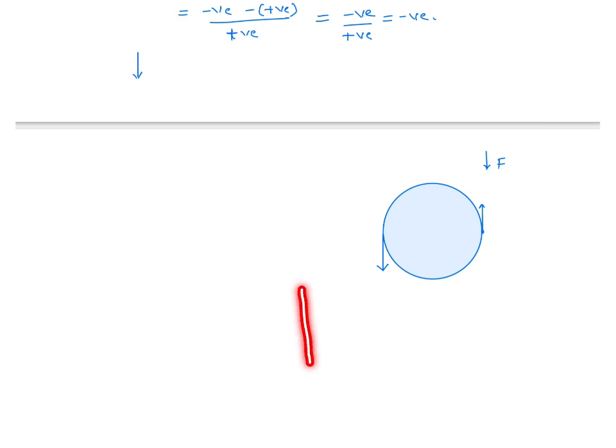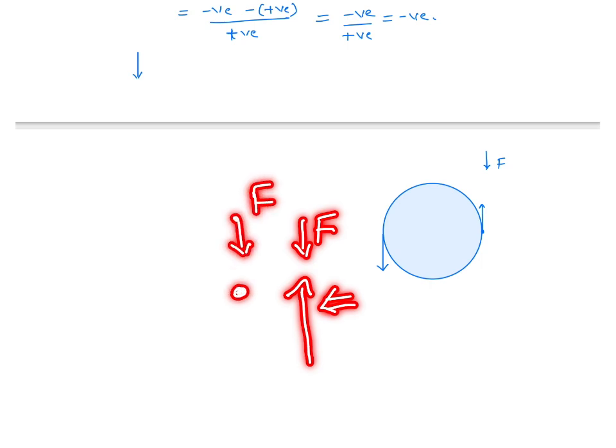So suppose the particle is moving like this and applying force F here. So this force will first stop this particle. It will reduce its speed. Finally, velocity of this particle becomes zero. Then this force will move this particle in downward direction.